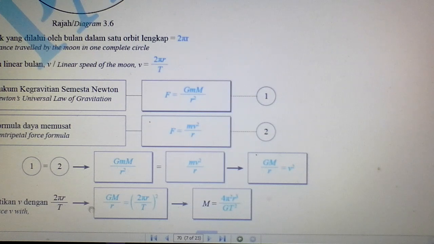Then you rearrange so that the mass of the Earth, capital M, becomes the subject of the formula. So it becomes 4 pi squared r cubed divided by GT squared. From this, we have derived one formula in order to calculate the mass of the Earth, capital M.